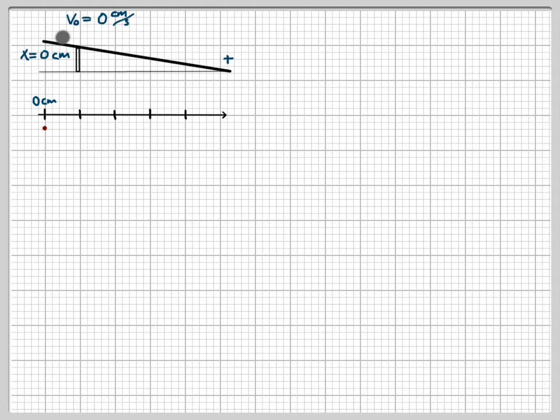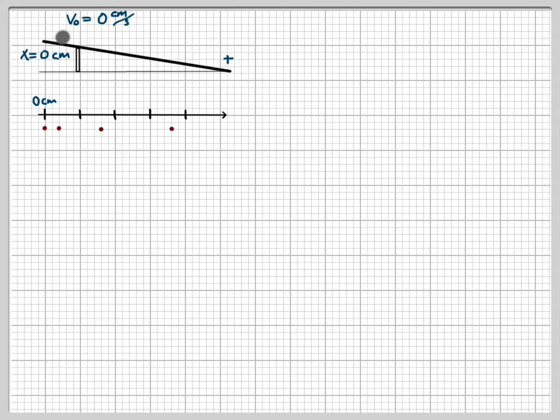So the next position at the next clock reading is fairly close to the origin. And then the position increases as the square of time as time goes on.